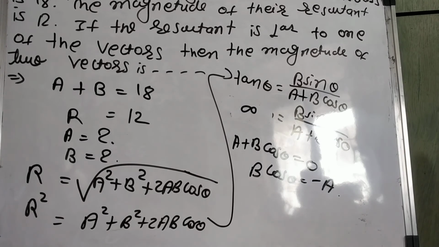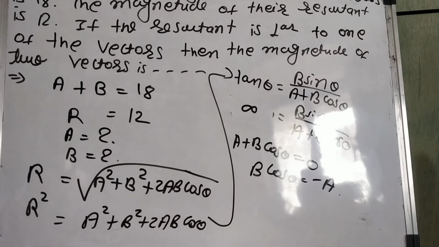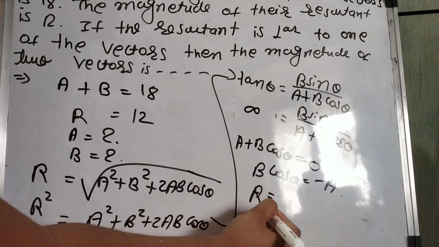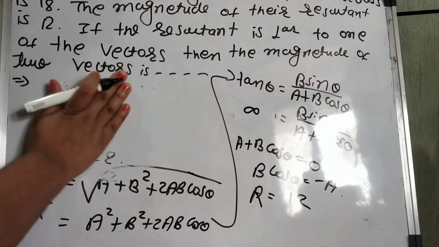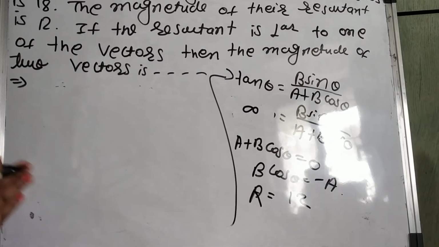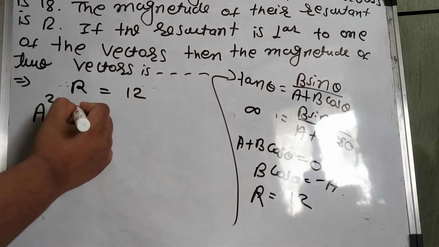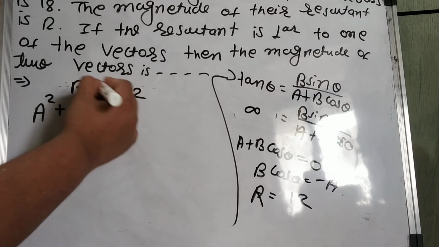Put the values of A plus B and R. If we take A square plus B square, the resultant is R. Given resultant R is equal to how much? 12. R is equal to 12, and by Pythagoras theorem, A square plus B square is equal to R square.